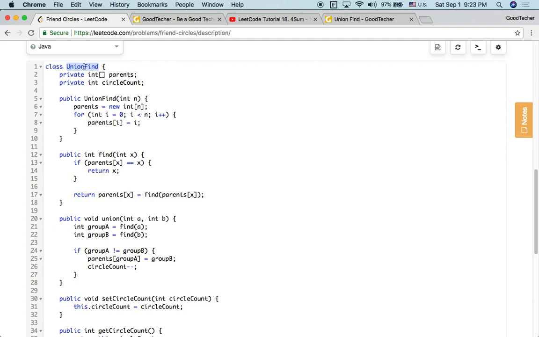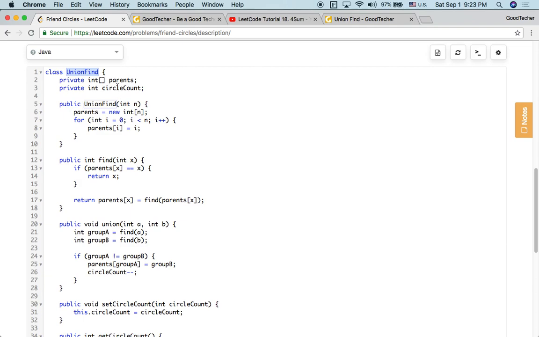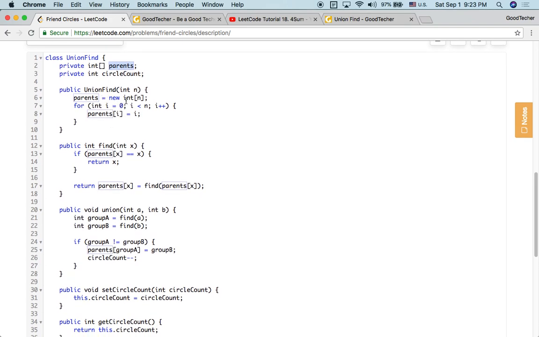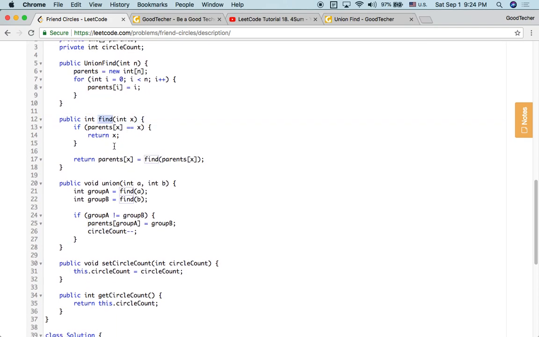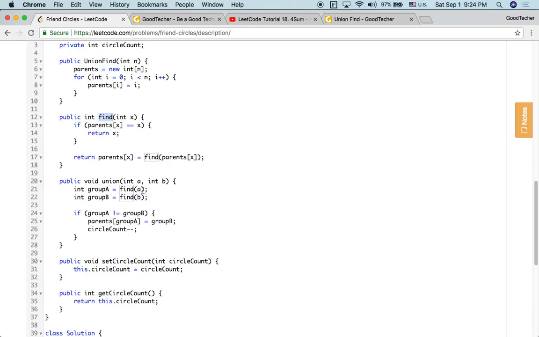Here we first define this union find class, since union find is the ideal structure for us to solve this coding problem. First initialize an array of integers, that's the parent. First create this constructor, which takes the input n and initializes each element with the index value. Then we have two basic operations.